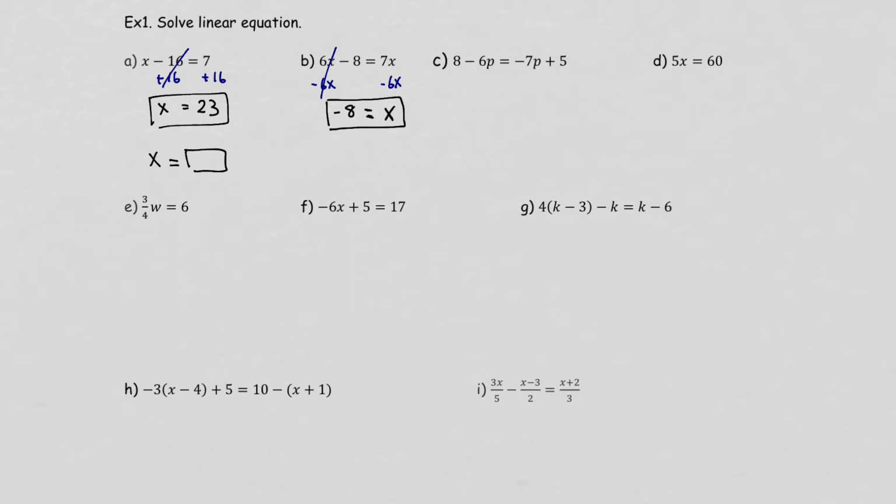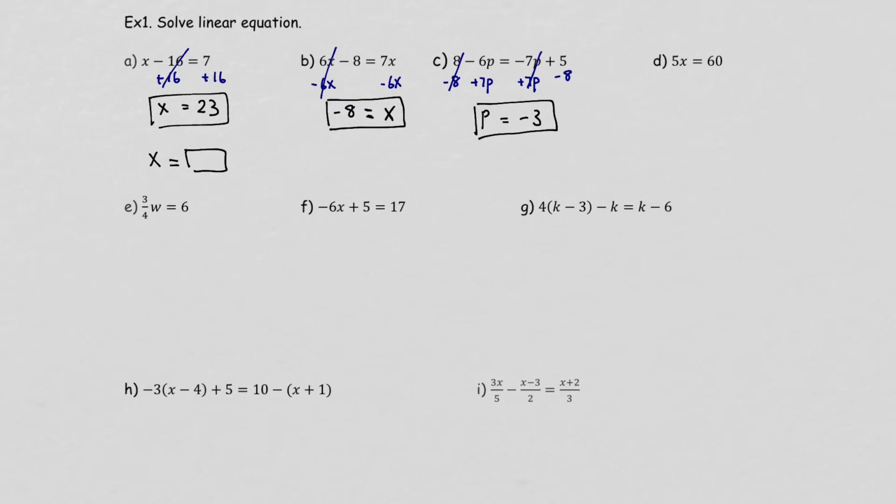So I will do maybe adding 7x to put the number with the variable on the left side, and I will do subtracting 8. So I will put the number without the variable on the right side. So then I will have 1p equals negative 3. So p equals negative 3.